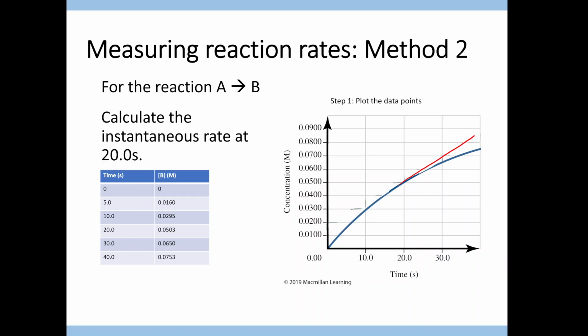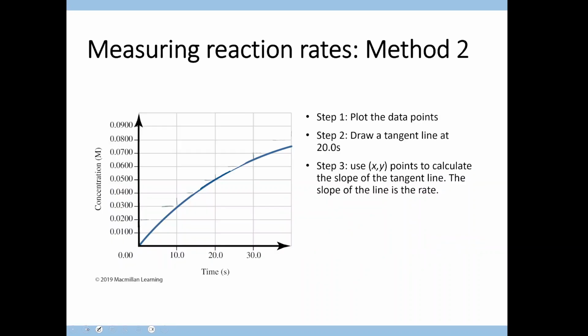So approximately like that, tangent to the curve, and measure the slope of that line. And that would give you the instantaneous rate at 20 seconds. So the next slide, we have more space to do that.